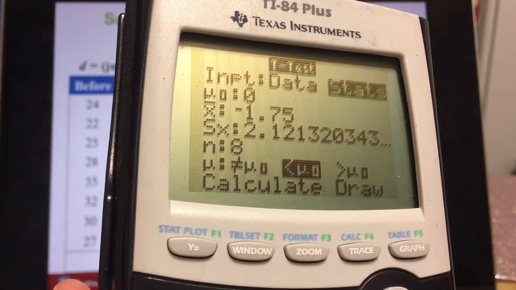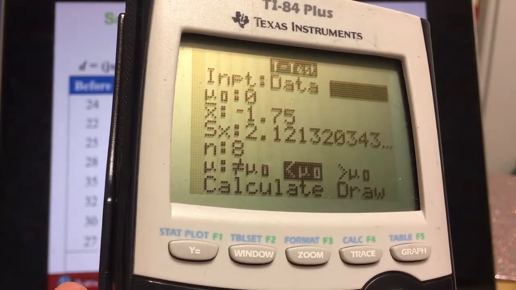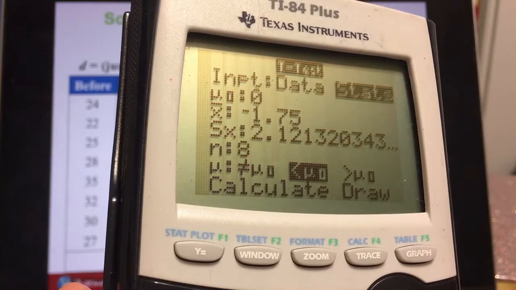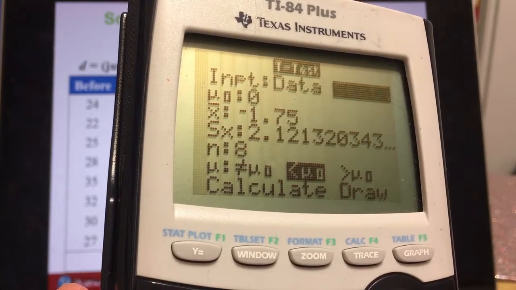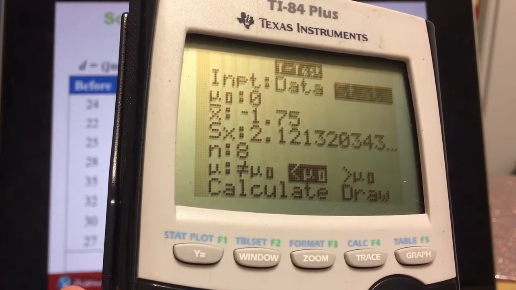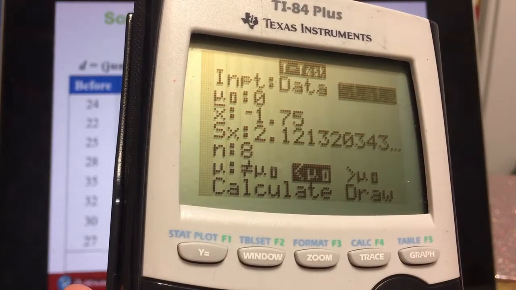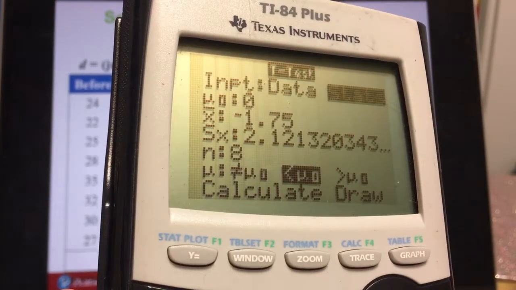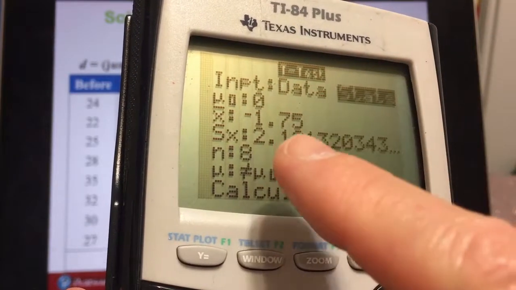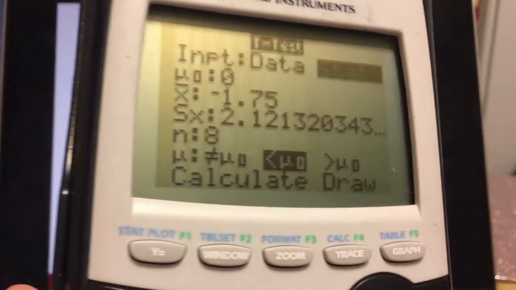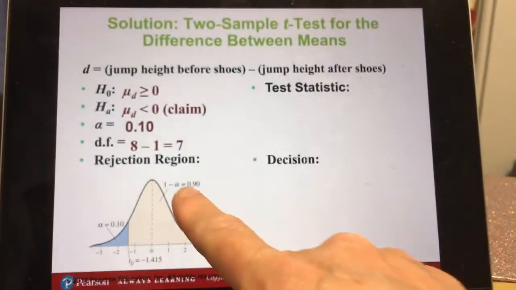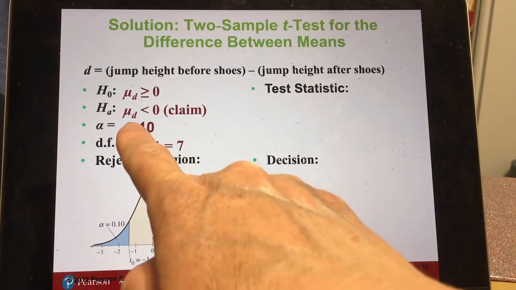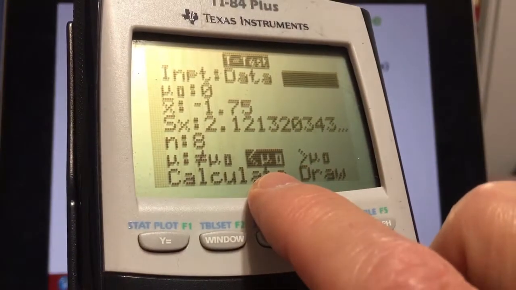Remember, the difference from L1 to L2 should be negative because L2 is bigger. That's the claim. But we always assume that mu of D is 0, even though we're doing left-tailed tests. Then we go back and look at the claim: mu of D is less than, so we use our less than right there.